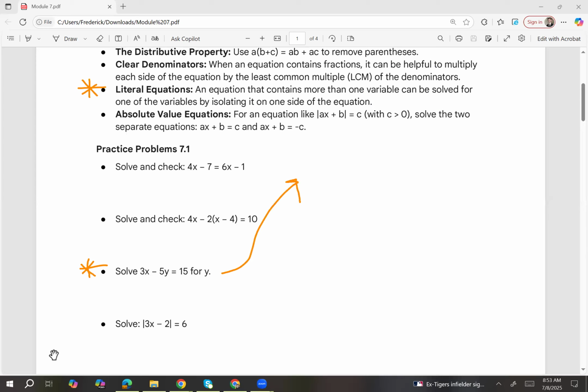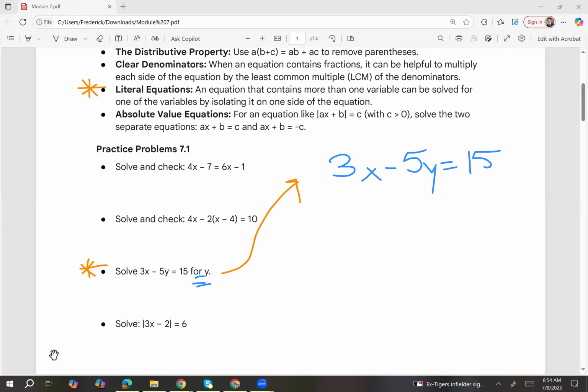Solving for y means we want to treat x terms as if they will go with the other stuff for number terms aside from the y, on one side by itself. The objective being get y by itself if we're solving for y. All right.